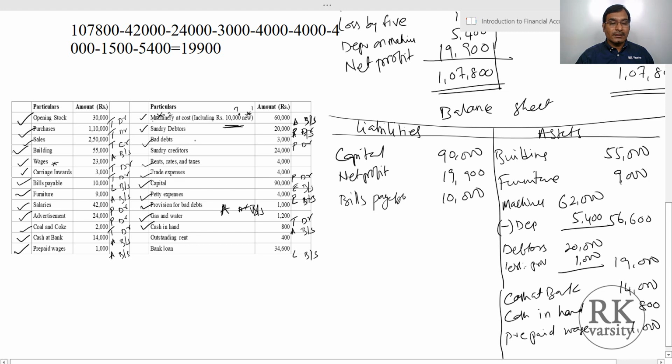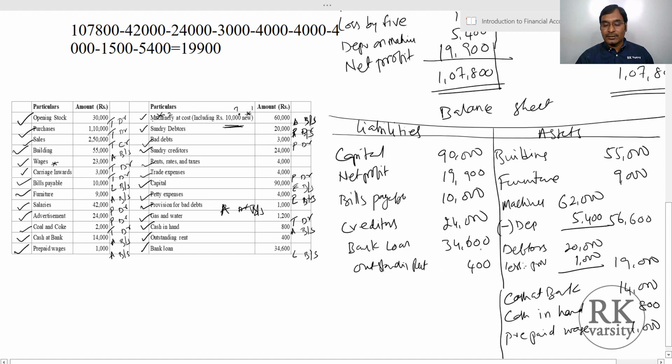Then sundry creditors is 24,000. Outstanding rent is a liability and bank loan is a liability. So we'll write a bank loan 34,600 and outstanding rent is how much? 400.